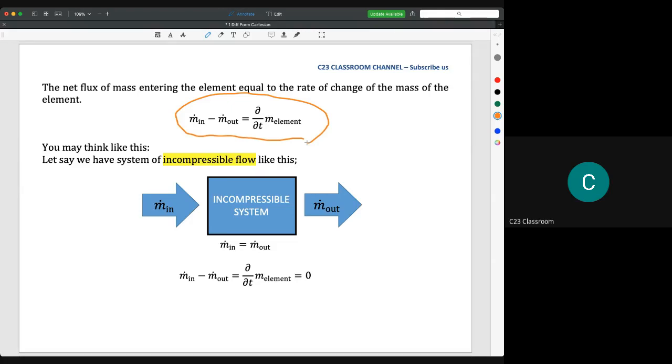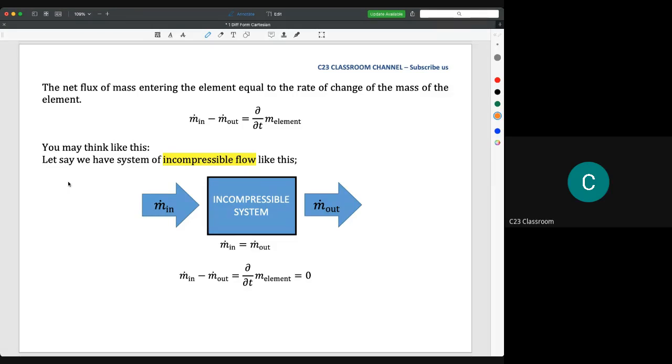So mass flow rate inlet minus with the mass flow rate outlet must be equal to d dt. So del dt here means the changes of time. Mass element, mass change with time at the system, at here. Okay, so we evaluate this basic condition first.